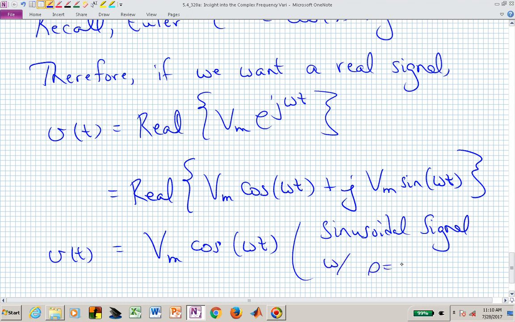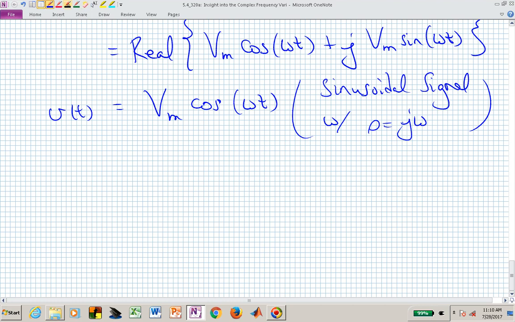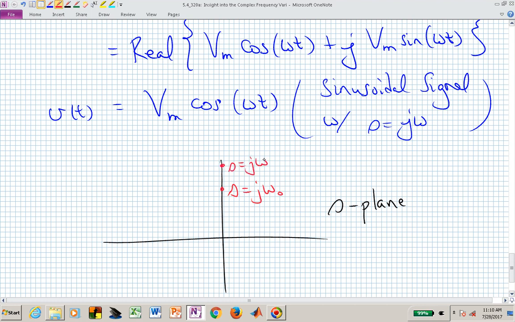With s equal to j omega, or if we now have in this complex S-plane, we said we were letting S equal j omega. Now, depending on what omega is, this might be S equal j omega 0, this might be S equal j omega 1, this might be S equal j omega 2.